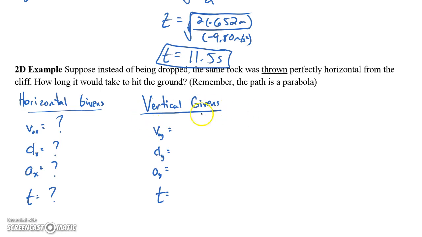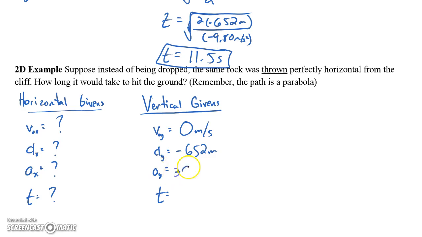So there's a lot of question marks in our horizontal motion. Our vertical givens, if it's thrown perfectly horizontally, that means it's not moving up or down, so that means it's actually got 0 initial vertical velocity. And dy, well, dy is vertical, which is the height of the cliff, so that'll be again negative 652 meters. Ay, things in the vertical direction for acceleration, gravity.